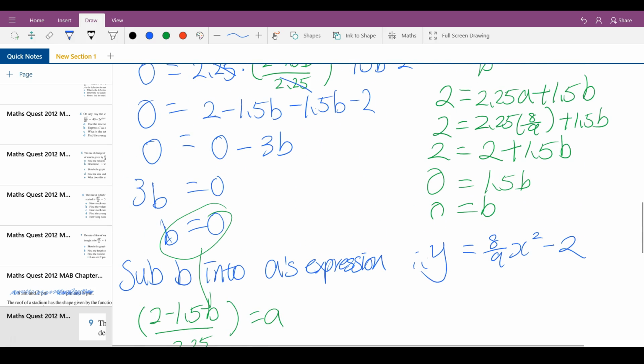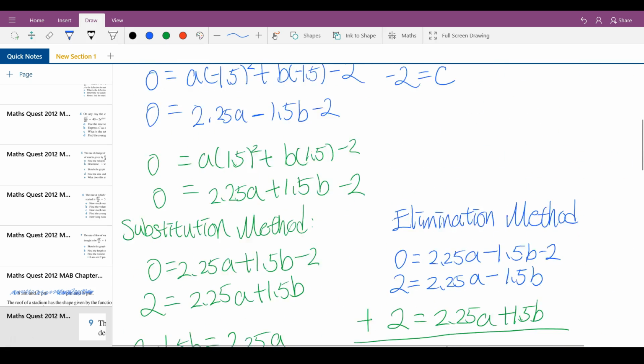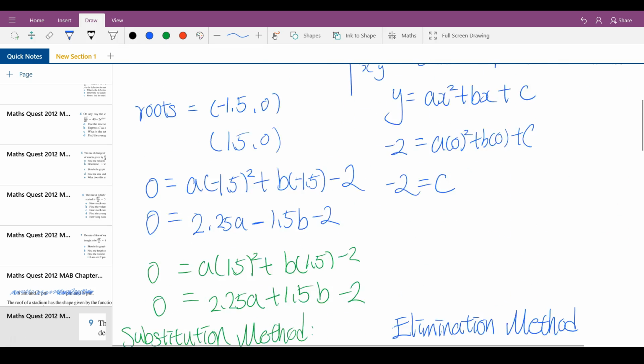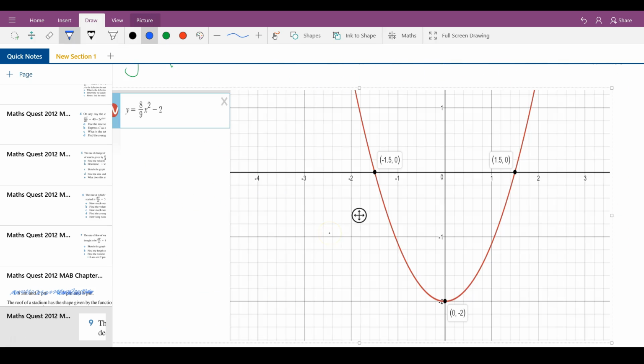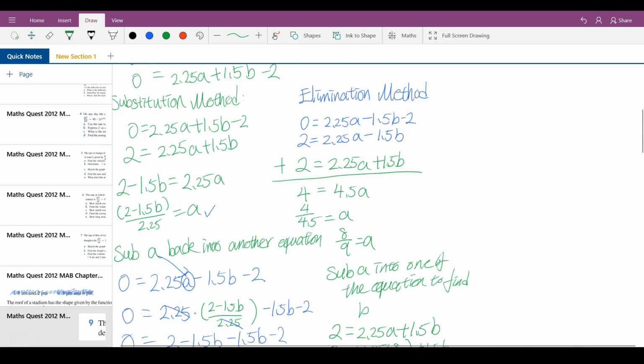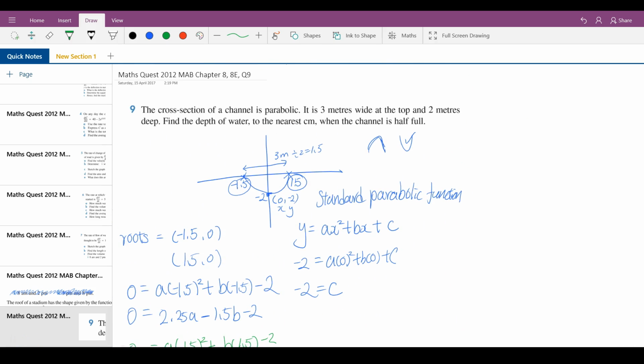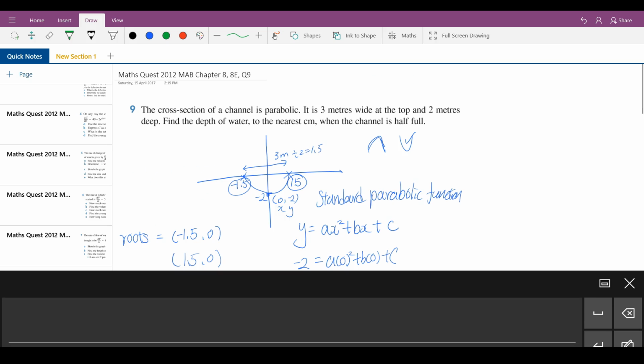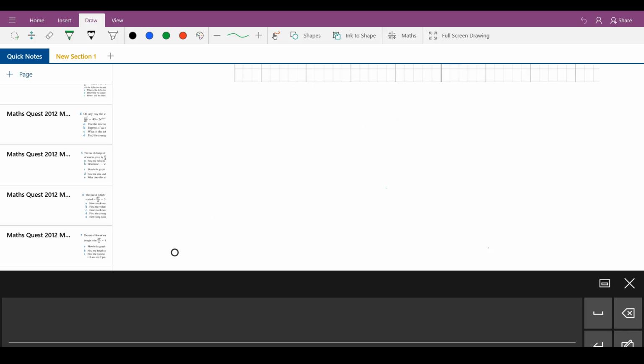So that's the same. All right. Let me just graph it on decimals to see if we get a shape, just like what we drew here. Whoo, we're back. Okay, so I got the graph here. So it's just like what we drew before, what we predicted it would be. Yep. So the question says to find the depth of water to the nearest centimeter when the something popped out.